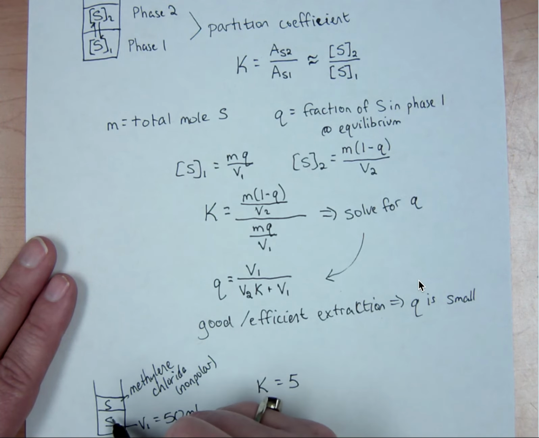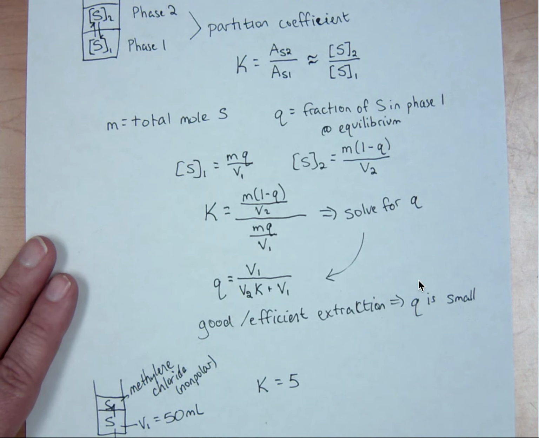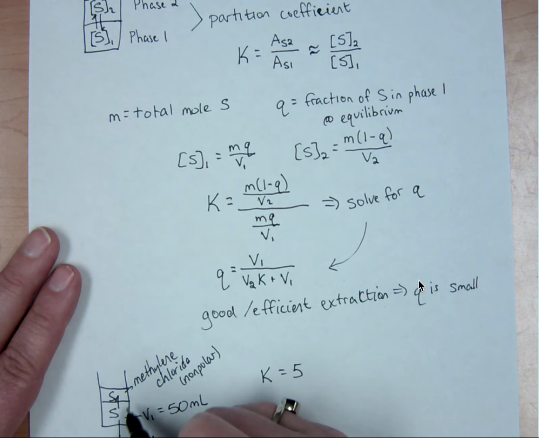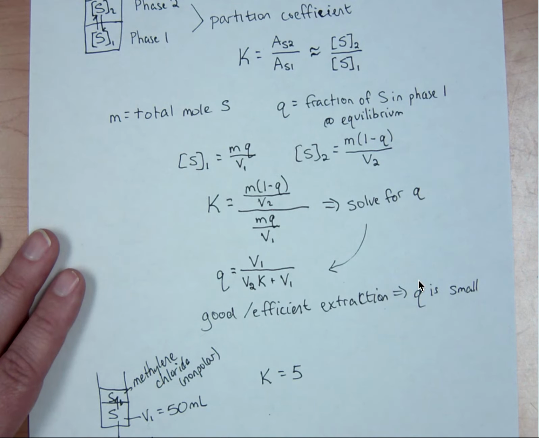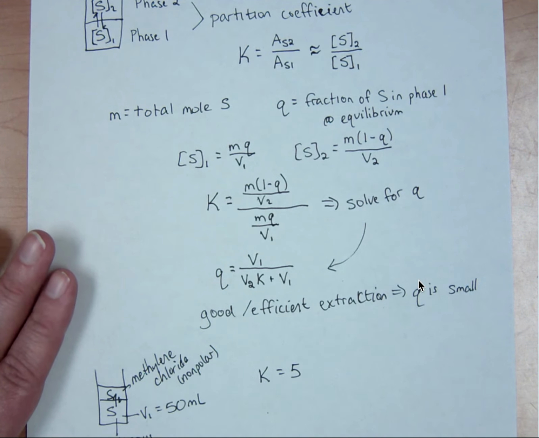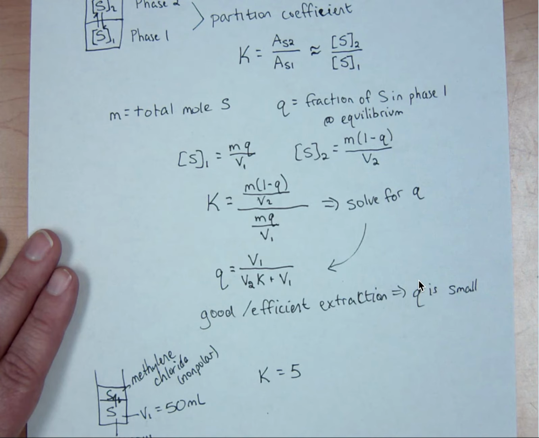So our equilibrium is driven more towards the methylene chloride than back to the polar water solution. That means our substance is much more nonpolar because it's favoring the methylene chloride, and we see that from our partition coefficient of 5.